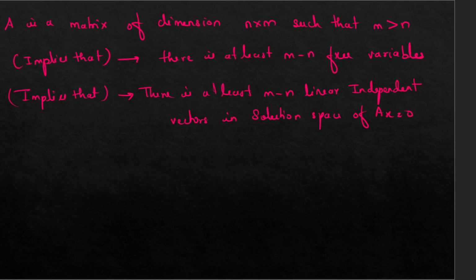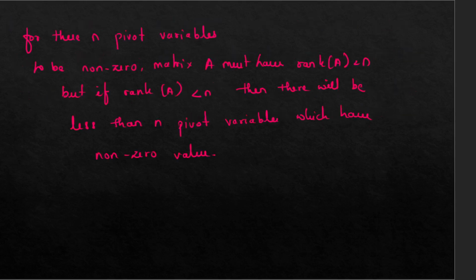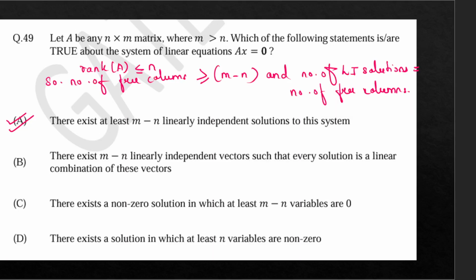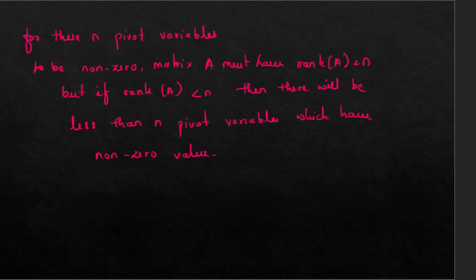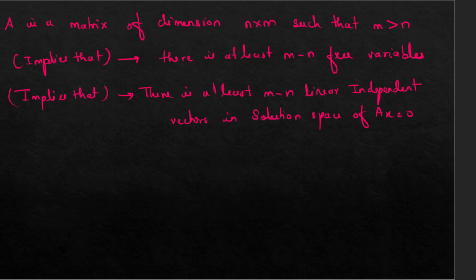Now straight away we can check option A. Option A is the first one. What is option A? There exists n minus 1 linearly independent solution to this. From these two inferences, we can clearly say option A is true. Now what if there is less?